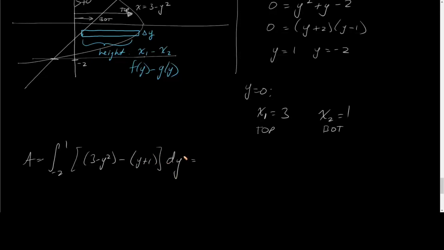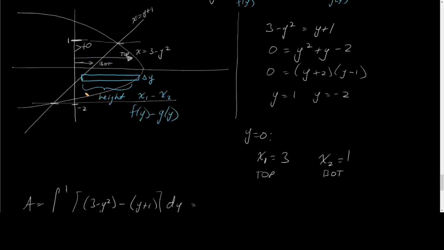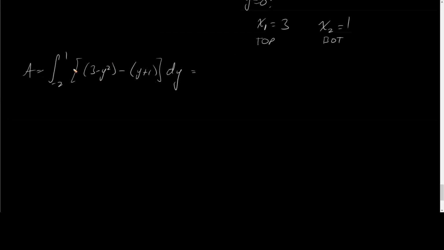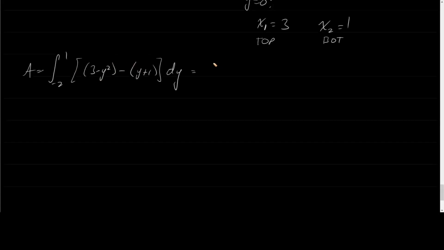Right, and dy, because our bounds are in terms of y, right, from up here. All right, so let's go ahead and integrate this. So actually, let's reduce first. Let's combine like terms. So I've got the integral from negative 2 to 1 of 3 minus 1 is 2, so I'm going to write it as 2 minus y squared dy.